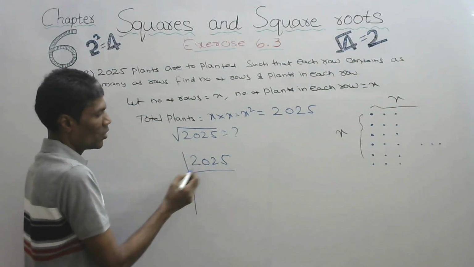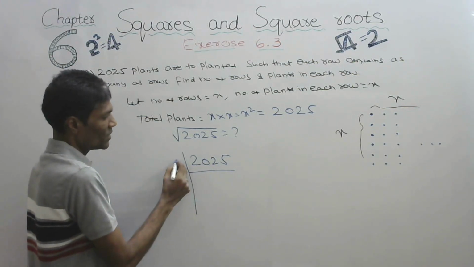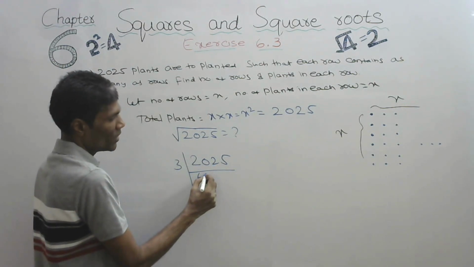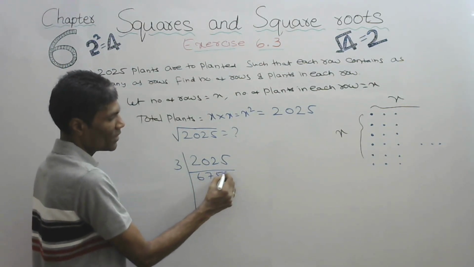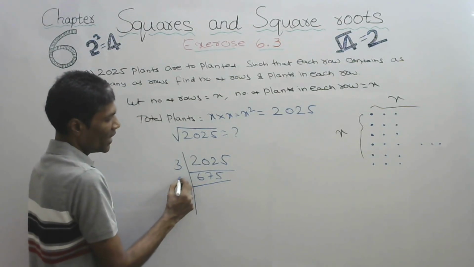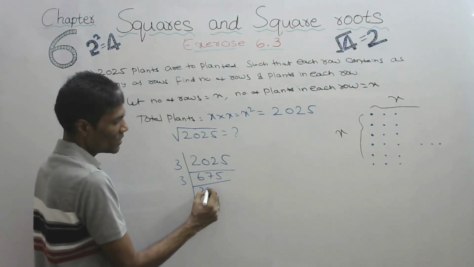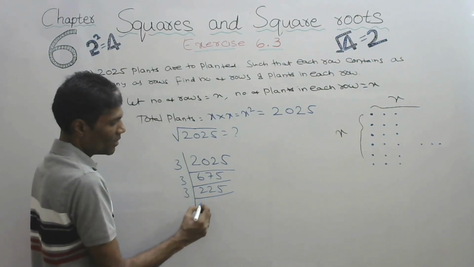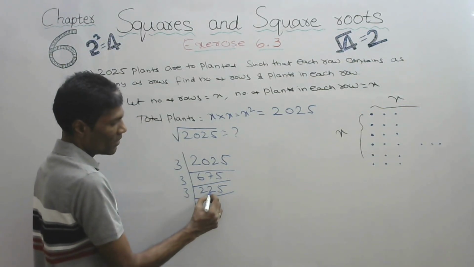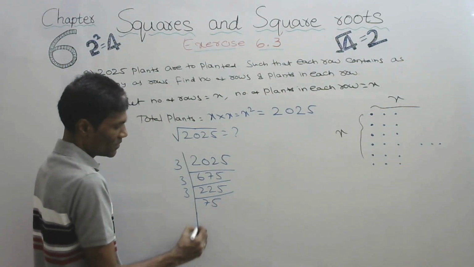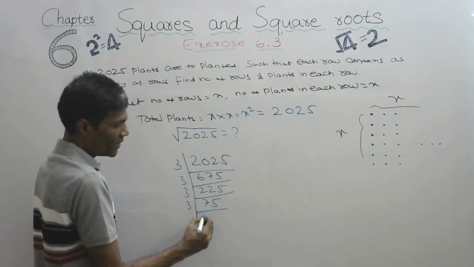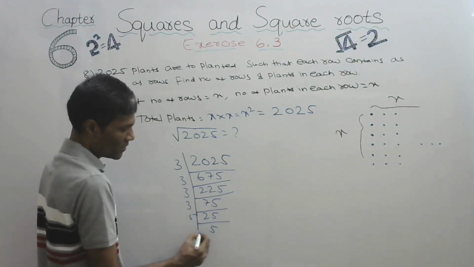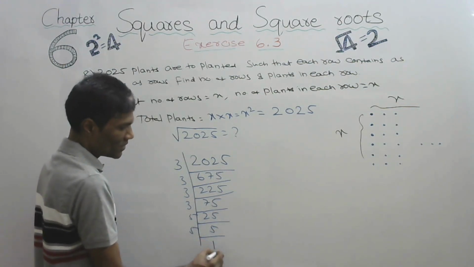2 table? No. So 3 table? Yes. 3 6 are 18, 3 7 are 21. Again 3 table. 3 2 are 6. Now again 3 table. 3 7 are 21. Again 3 25 are. 5 5 are. 5 1s are.